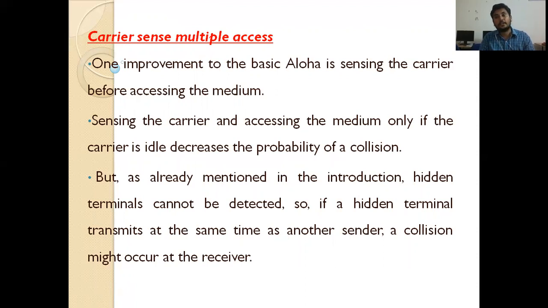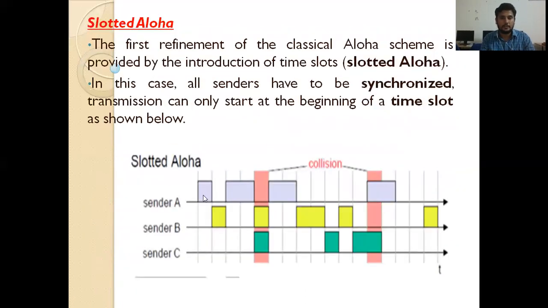In the classical Aloha and slotted Aloha, multiple senders randomly transmit data packets. So there is a possibility of high collision in the classical Aloha. That is reduced a bit in the slotted Aloha, but there also collision will occur. Why? Because multiple data packets have to be transmitted by multiple senders at a time.